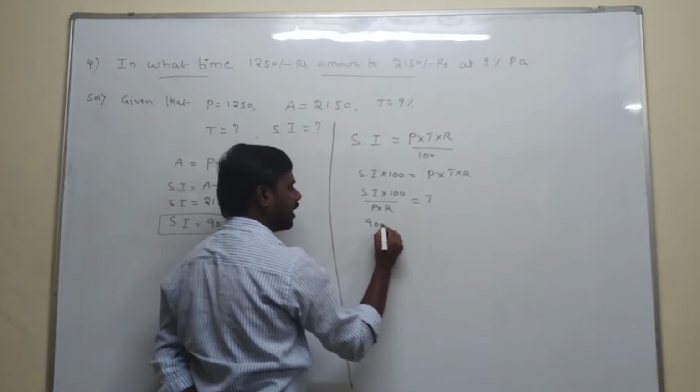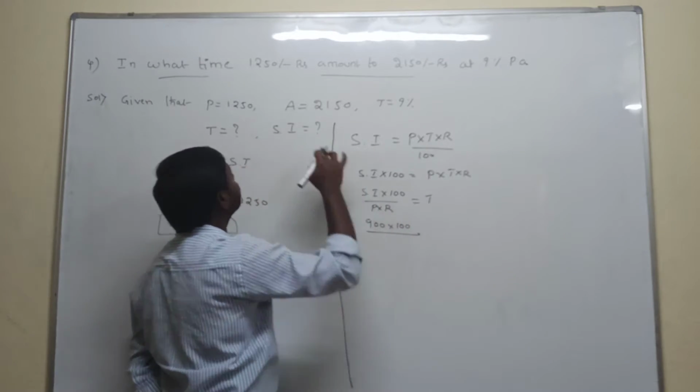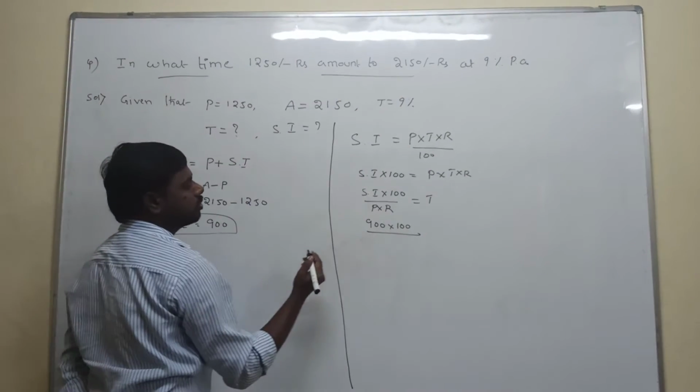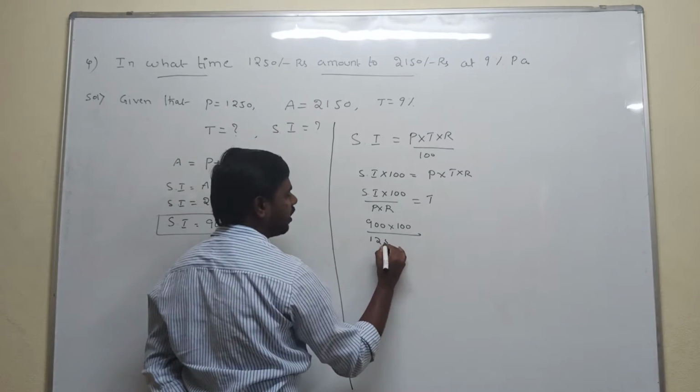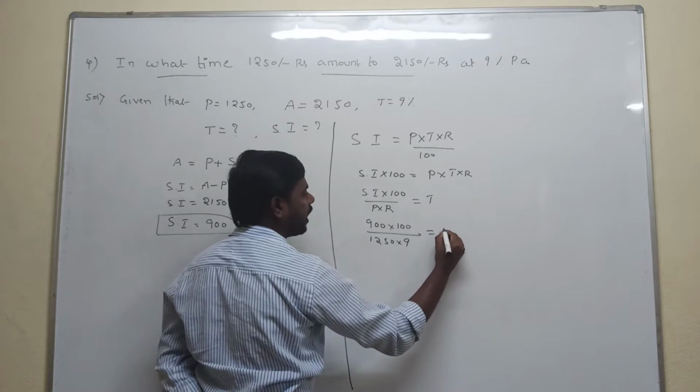Simple interest value is 900 into 100 divided by, what is the P value? 1250 into rate of interest 9. We need to calculate time.